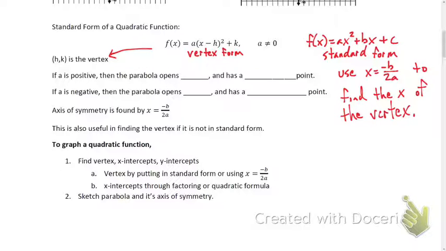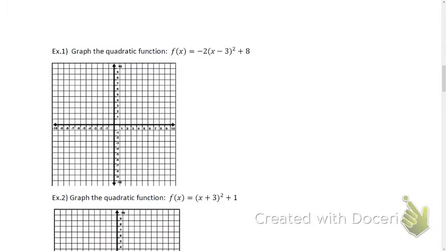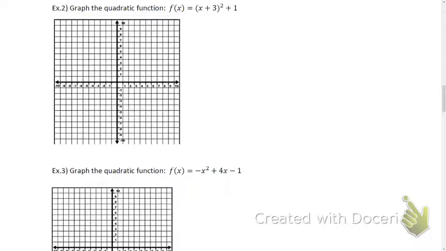All right, so let's actually work a problem. We did number 1 last Thursday. Let's do number 2. Right away, hopefully you see this is in vertex form. And hopefully you can see the vertex.